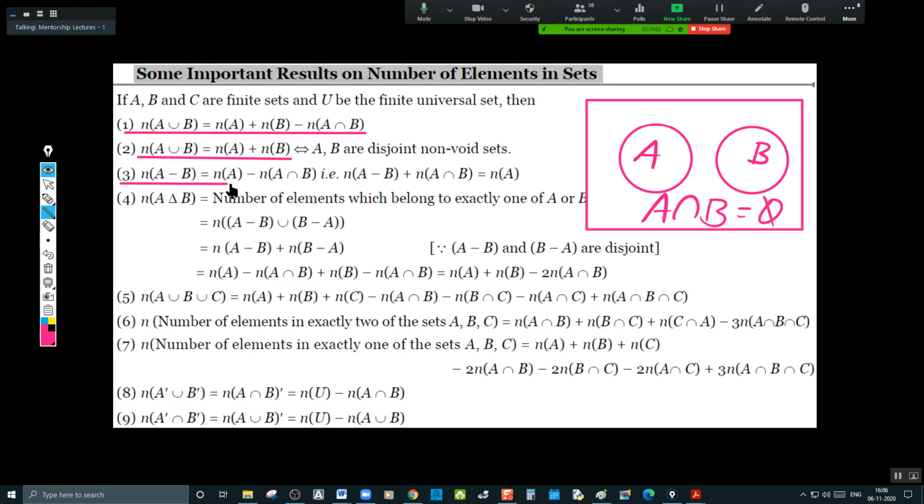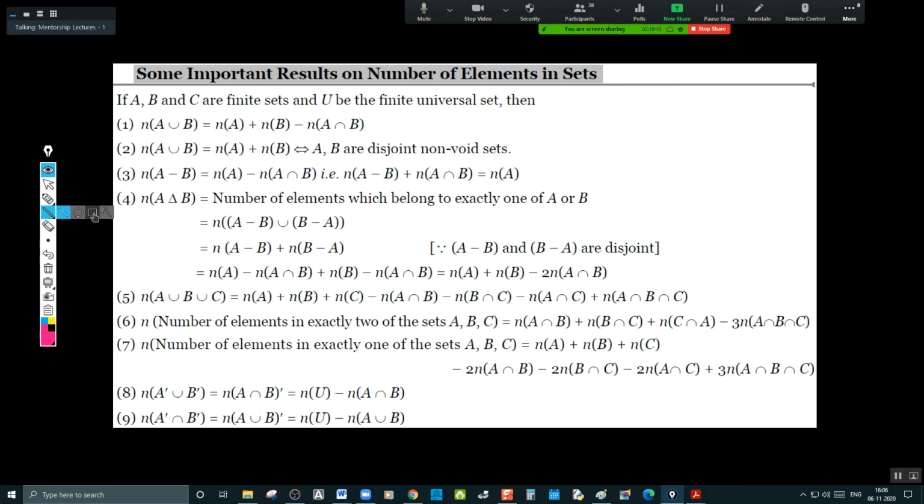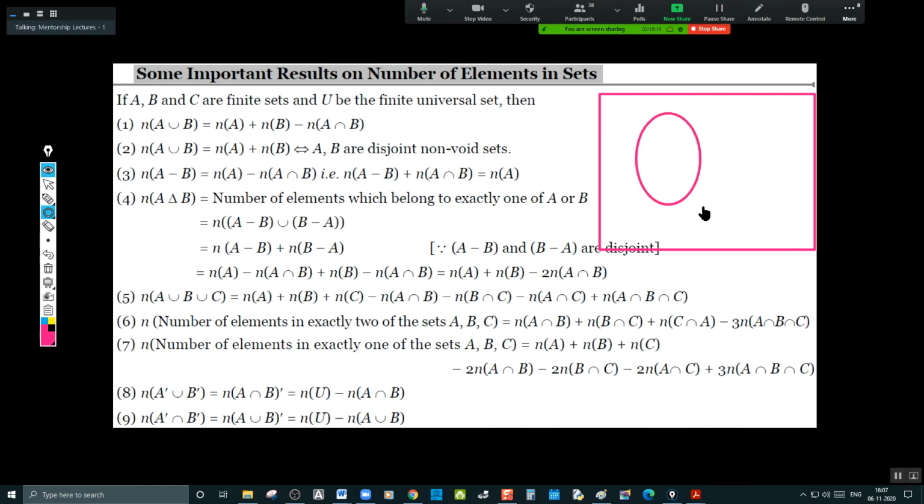N of A minus B is equal to N of A minus N of A intersection B. That also I need not explain, but I'll explain. It is a common sense point that N of A minus B means only A but not B. This is A, second one is B. What we need is only A but not B, only this shaded region.